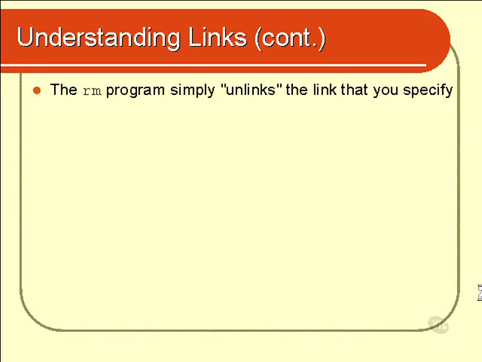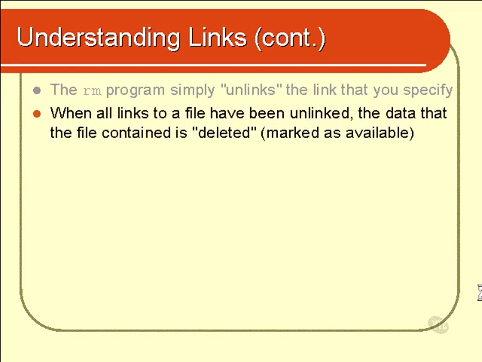So what happens is, when all of the links to a file have been unlinked, or deleted if you like, at that point the data is then deleted. And the way Unix deletes a file is the way most other operating systems delete a file. They simply mark that space, they mark that block, as being now available for other files to use if necessary.